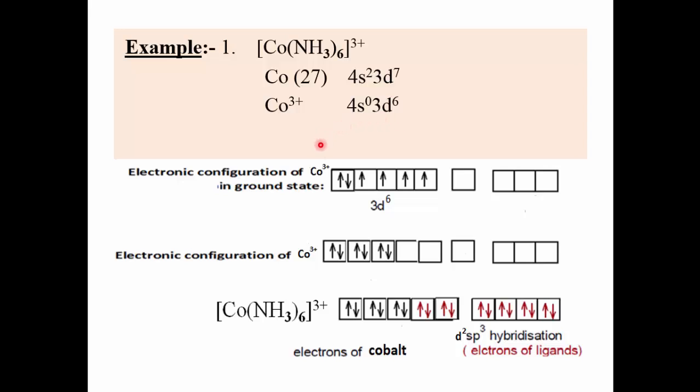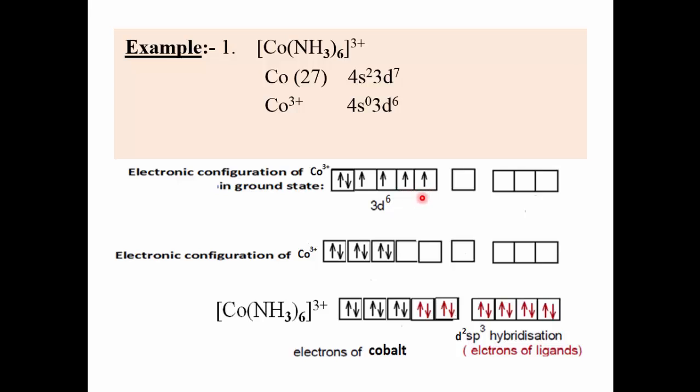Got it? So this is the box diagram for the Co3+ ion. 3d contains 6 electrons. No electron is present in the 4s orbital. Alright? So we require d2sp3 hybridization, but here the 2 d orbitals are half filled.